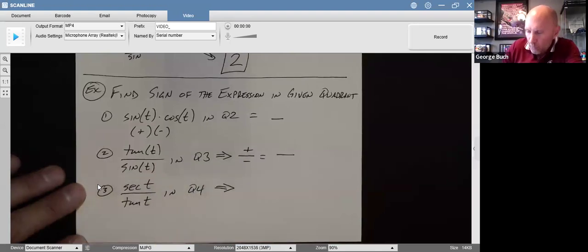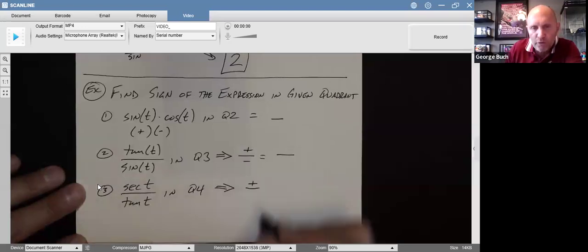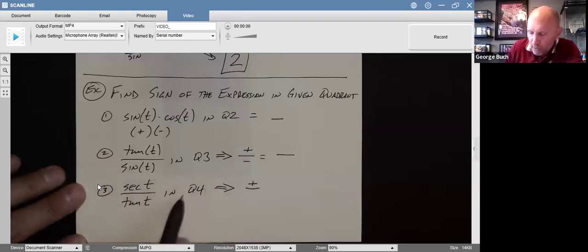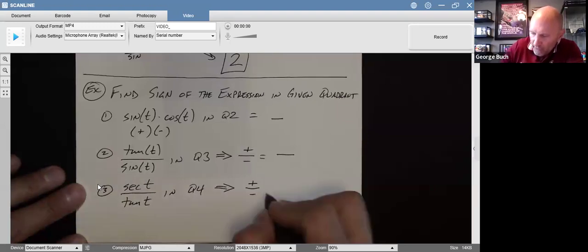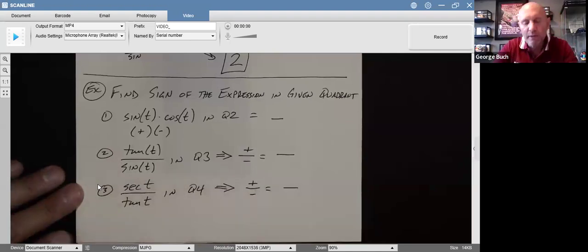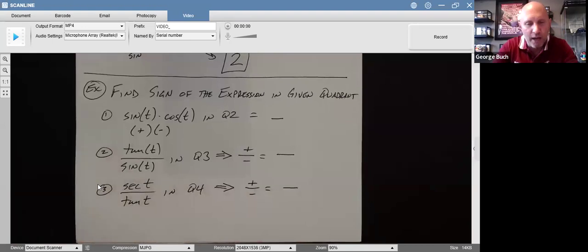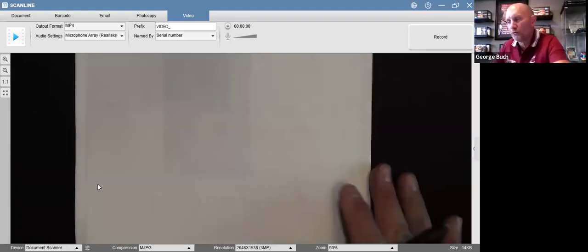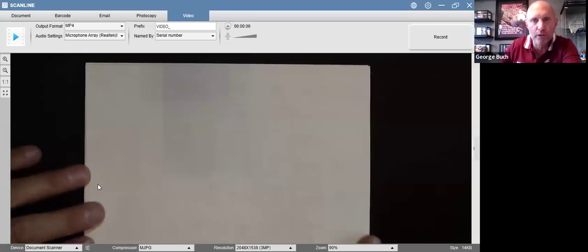All right, so in quadrant 4, secant is like cosine. In quadrant 4, cosine is positive, so this is positive number in the numerator. Tangent in quadrant 4 is negative, so again, I have positive divided by negative is negative. So all three of these happen to be negative. That's just how it worked out. It's not always going to be negative. It just so happened with these examples that they were all negative. All right, so that's those problems using our all students take calculus to figure out pluses and minuses.